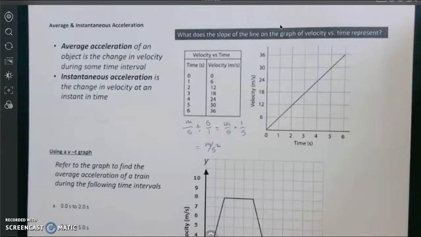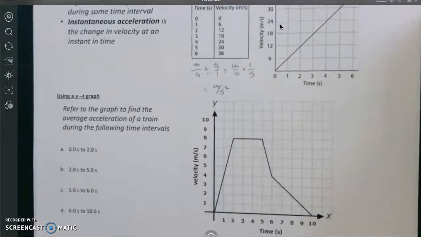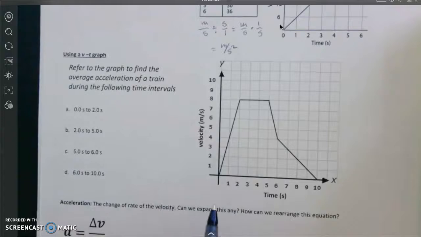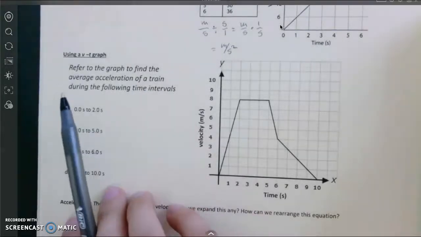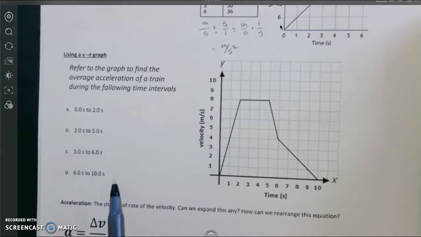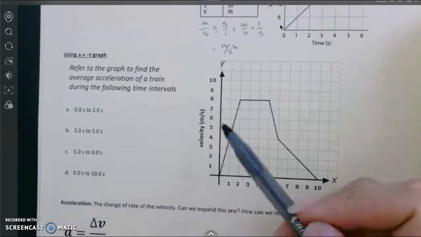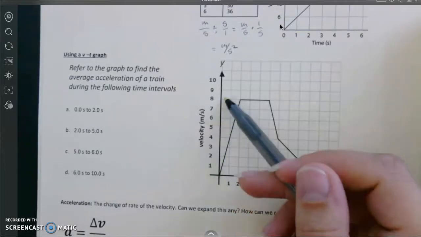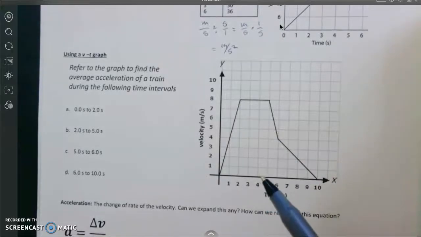So when I look at this and I have that idea in mind, we're going to look at this graph here, find the average acceleration of the train during the following time intervals. Okay, so our average acceleration for a time interval is the slope of the line over that time interval, okay?